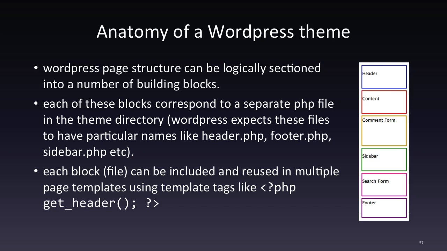Again, this is very similar to what we were doing last week when we were simply including, say, the header.php file, except for WordPress to do it, we call a built-in WordPress function. So the get header WordPress function, if you were to go and look at its code, would probably be simply looking for the header.php file in your theme directory and then using an include or require statement to include that in the overall combined PHP code.